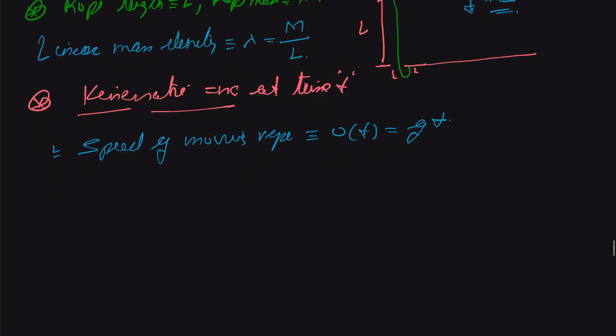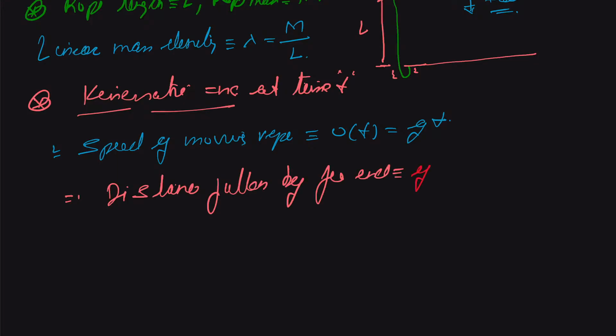And we assume that the distance fallen by the free end is y of t, so that will be equal to half g t square.